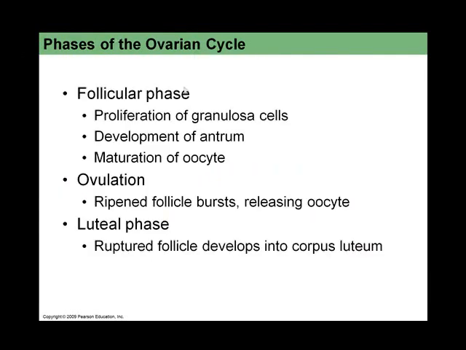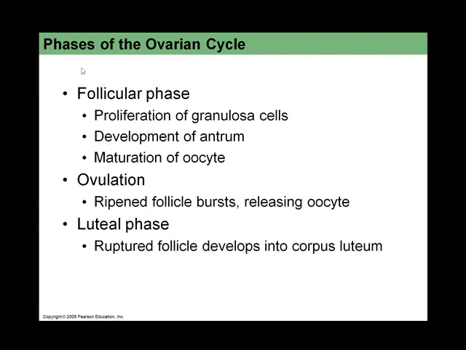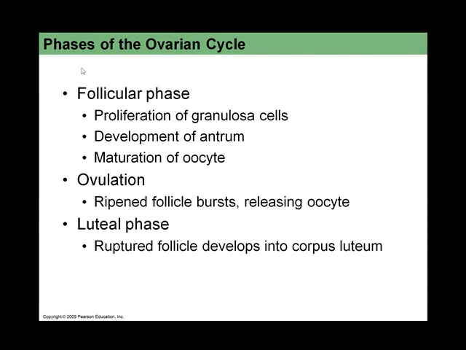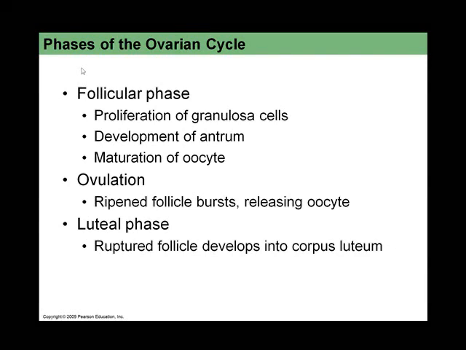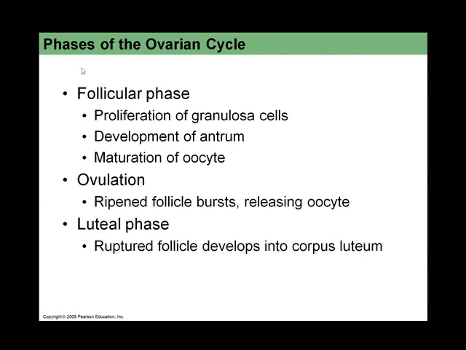The phases of the ovarian cycle are considered in this slide. I like to present the entire menstrual cycle as having 2 cycles within it, the ovarian and the uterine, as we'll talk about. And the menstrual cycle has phases as well. The ovarian and the uterine cycles have phases.